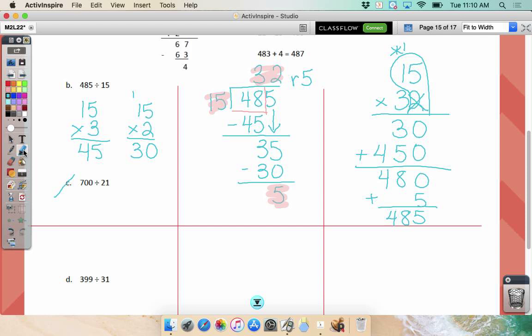Okay, and what's my last step here? Add the 5. Make sure I've got my 3 numbers in there. Okay, I think rather than doing D, I want to skip over. No, I don't think D is going to take us very long. Let's do it.